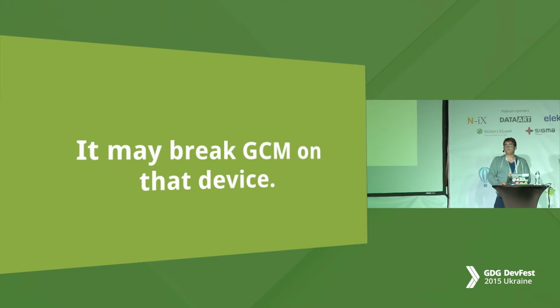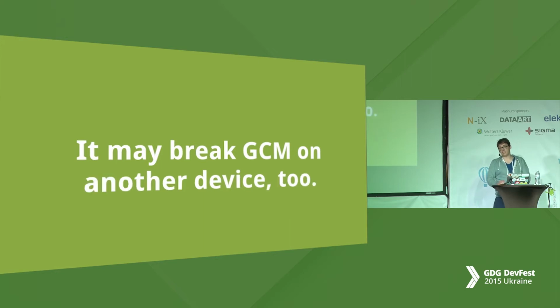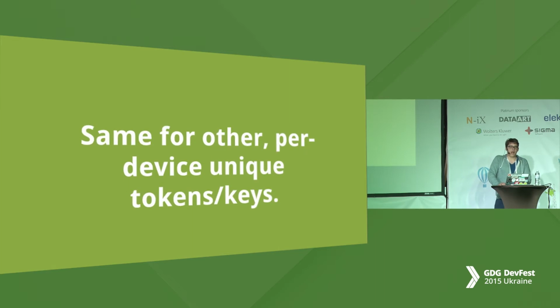Because it might, and probably will, break the GCM behavior on that device and on the other device that will receive the backup with your registration ID. And this registration ID will be associated with the other device, then GCM will simply stop working on both of these devices, right? So it's very important to keep your registration ID outside of your backup scheme.